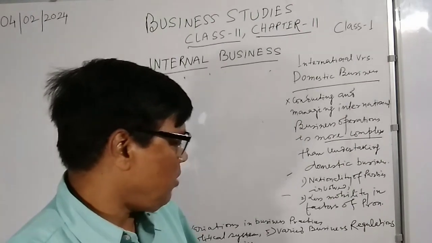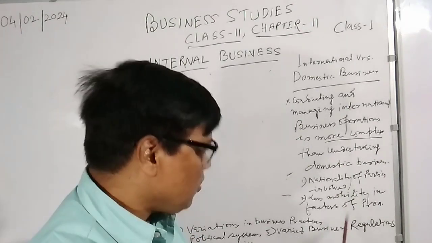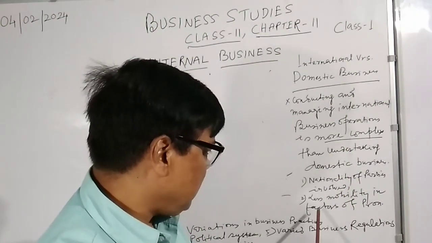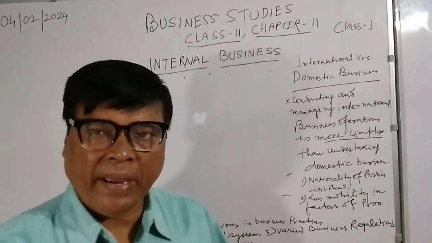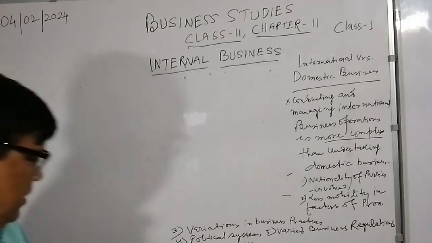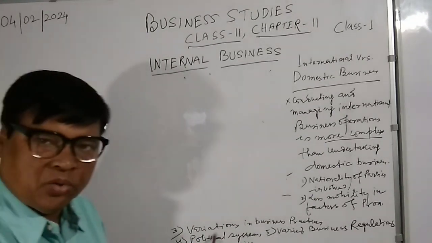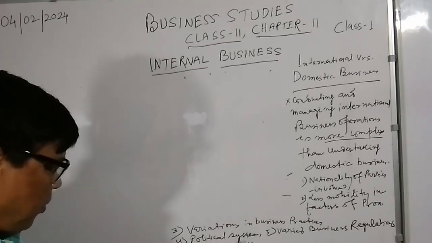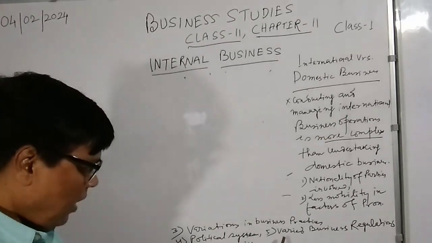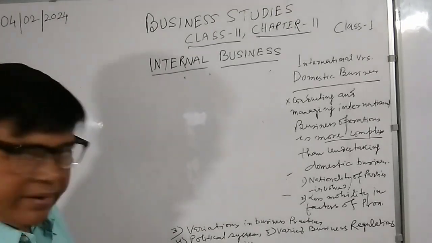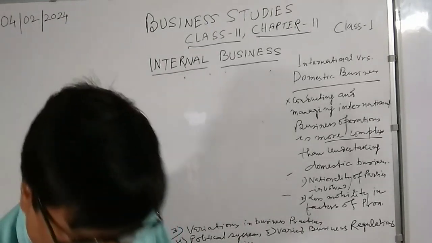Nationality of parties involved, that we will discuss in detail. What does nationality of parties mean? Less mobility of the factors of production, that also we will discuss. Variations in business practices will also be there, and your political system, varied business regulations, different currencies. Currencies are also very important.